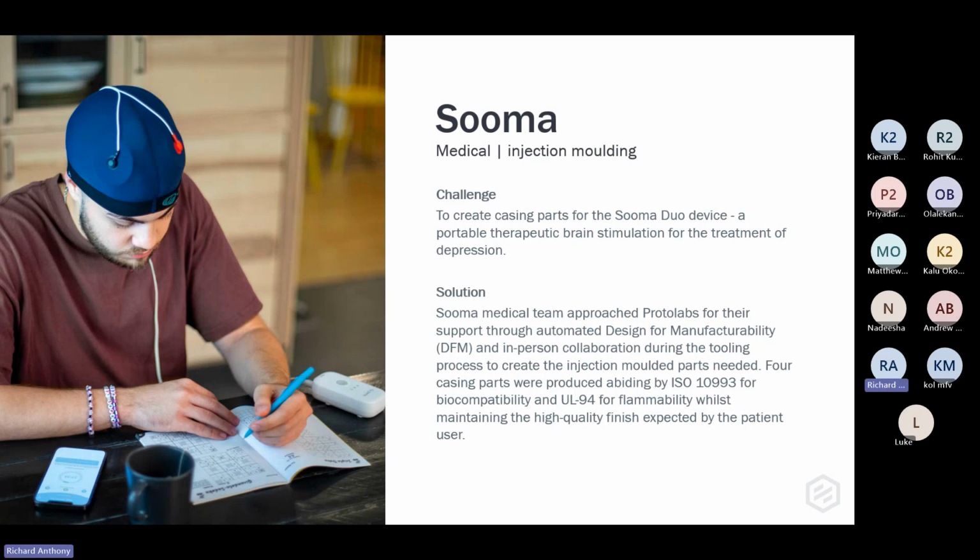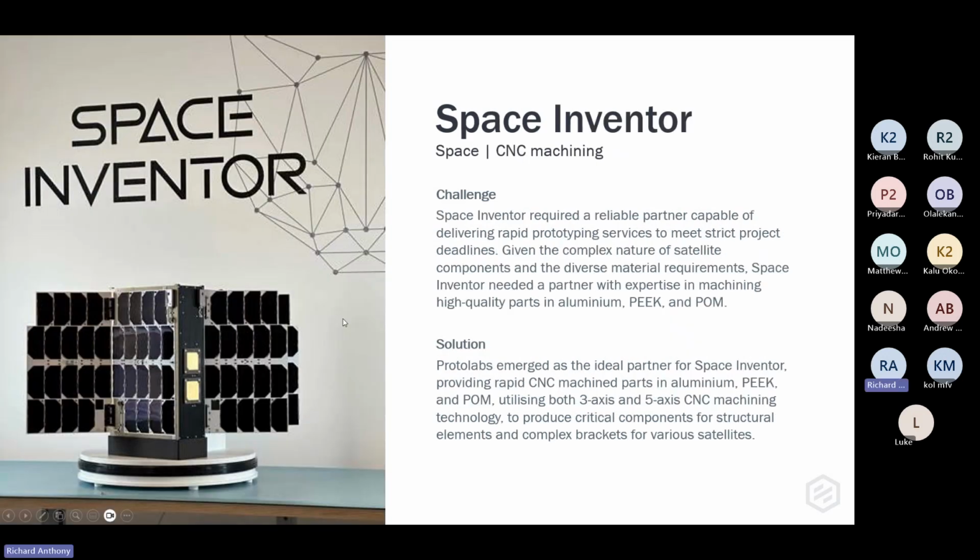But even then, there's possibilities to do modifications to mold tools to tweak things if they need to be done. So this particular company benefited from collaborating with us in designing the parts, optimizing them before they committed to the injection molding tools. And then the final example I'm going to talk about is one where we supported from a CNC machining point of view.